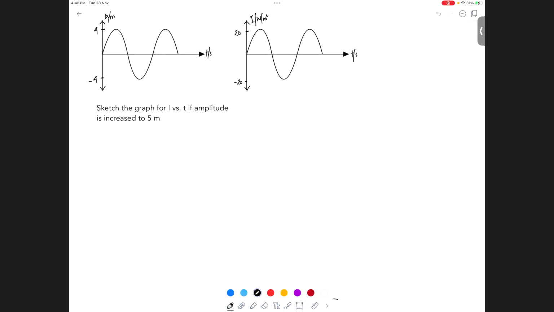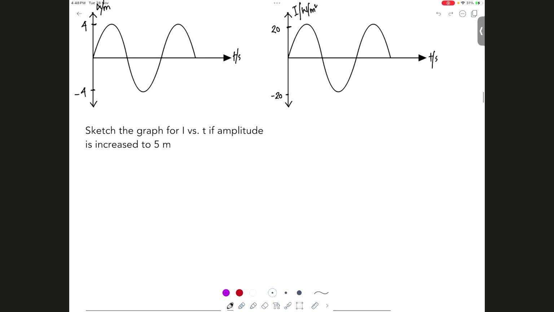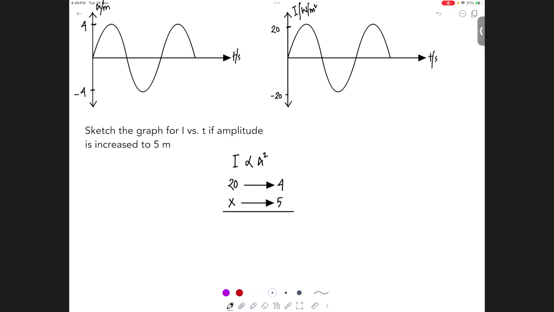Let's see. Let me show it on screen, because I'll be leaving this chapter soon. What's the thing here? We know that intensity is proportional to what? Amplitude squared, right? So if my intensity is 20, what is the corresponding amplitude? 4. So if my amplitude is 5, what is x? That's the question, right? But the problem here is, is it directly proportional or with a square factor?